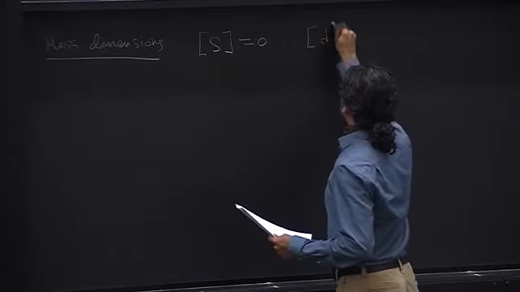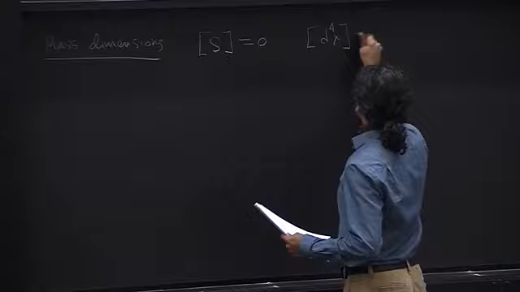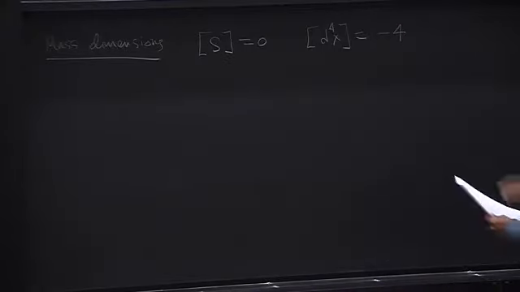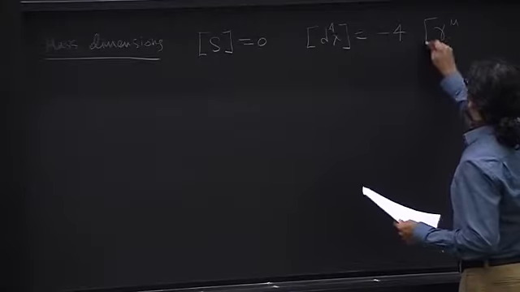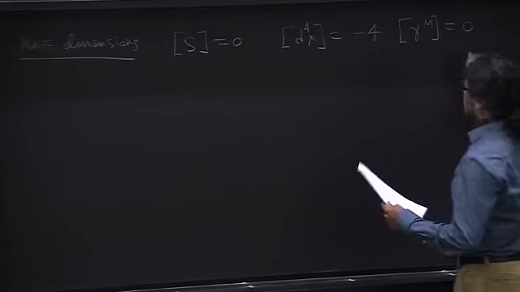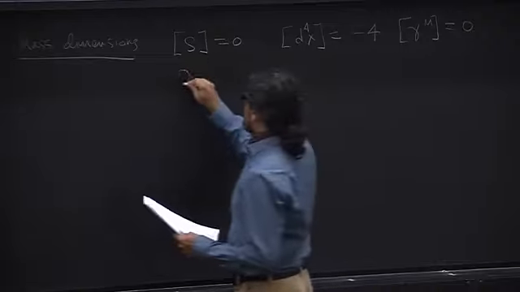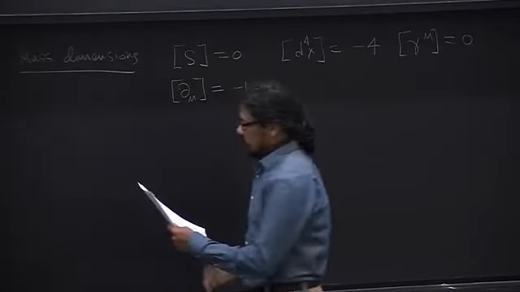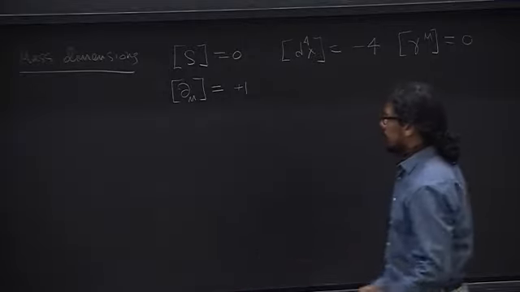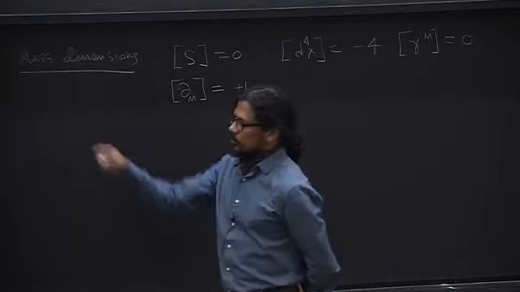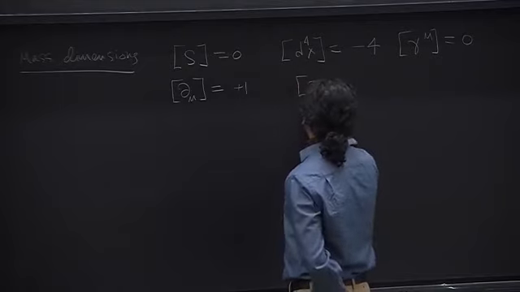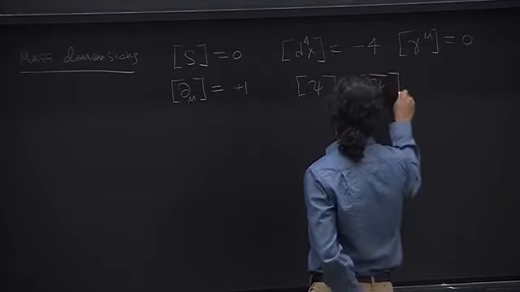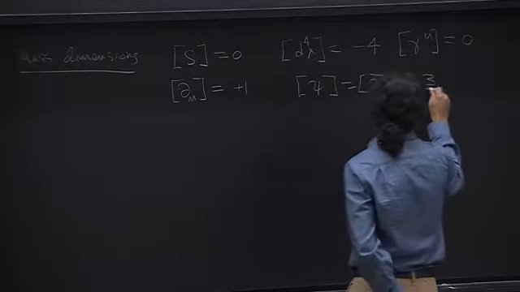So the measure of integration of the kinetic term has mass dimension -4. The gamma matrices are just constant numbers, so they are dimensionless. The derivative operator has dimension +1. Putting it all together, you can derive that the dimension of psi, which must equal the dimension of psi bar, is 3/2.